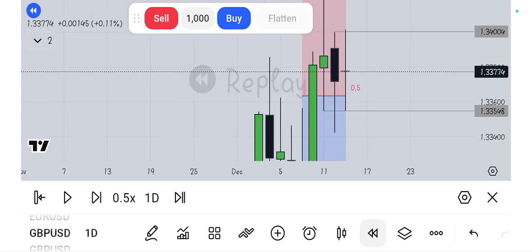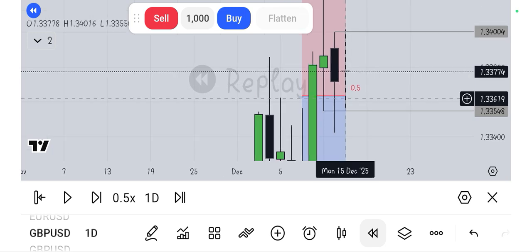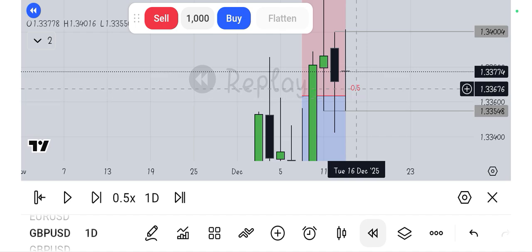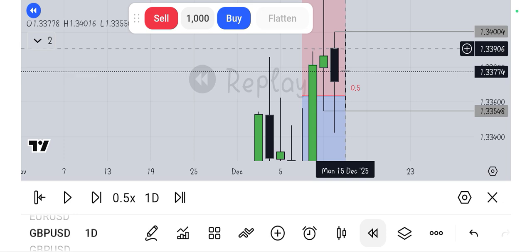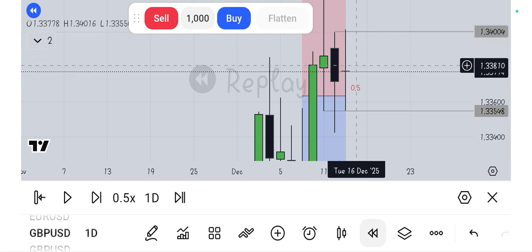Remember, this is a game of probabilities, and we simply have to react to what the market is doing rather than saying that it has to do this. So after seeing something like that, of course we can conclude that that is our weekly high.